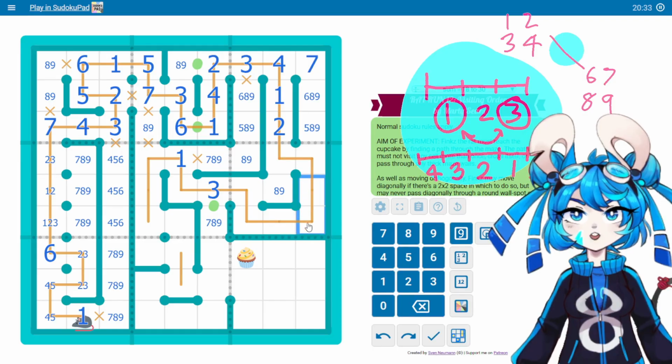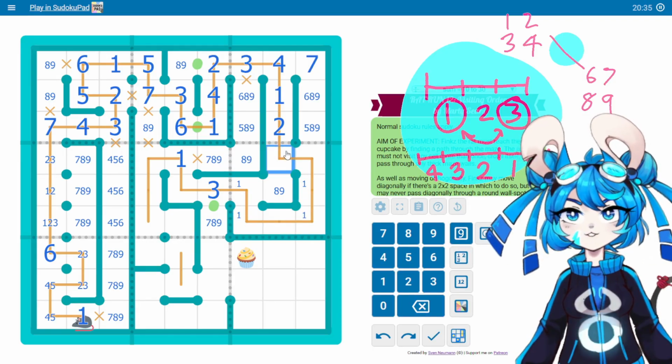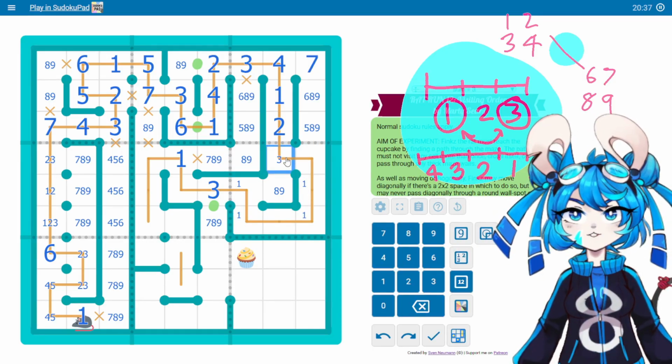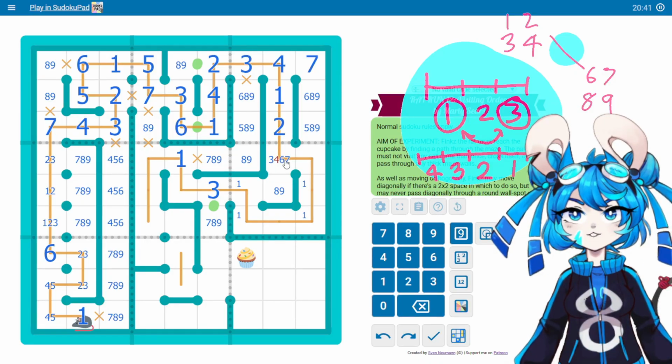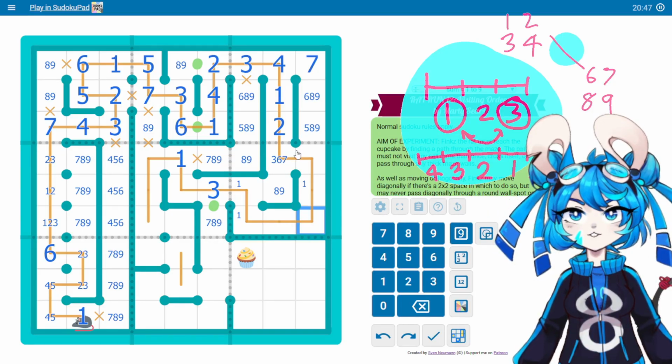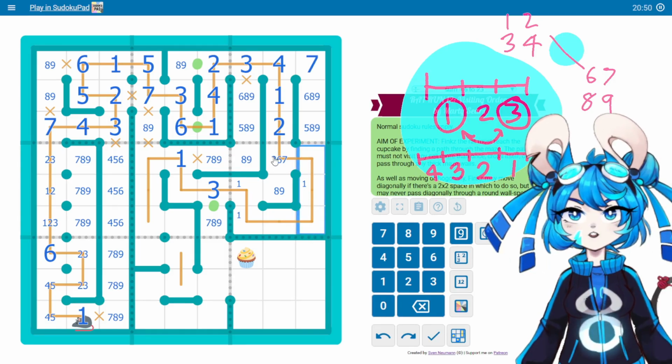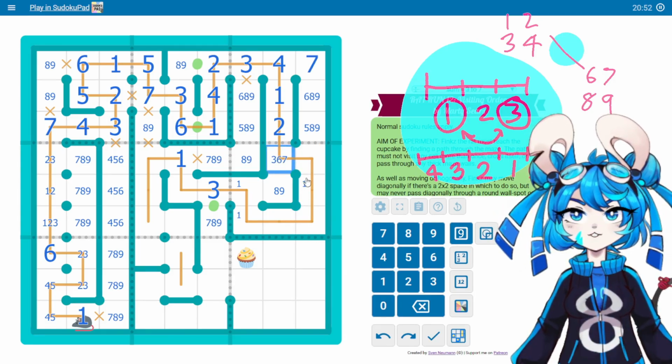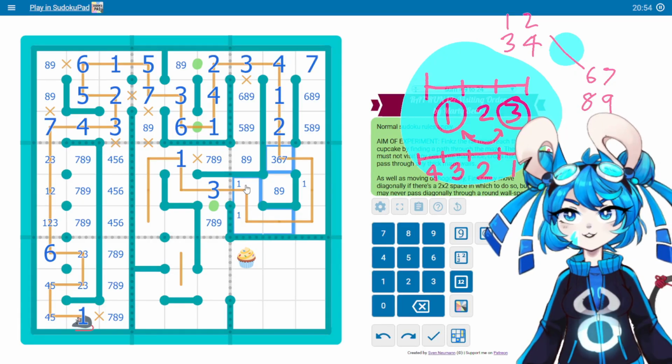There has to be a 1 in one of these 4 positions, which are 1, 2, 3, 4, 6, or 7. It can't be a 4, which means it can't go here. The 7 has to go in either position 1, 5, 6, or 7.